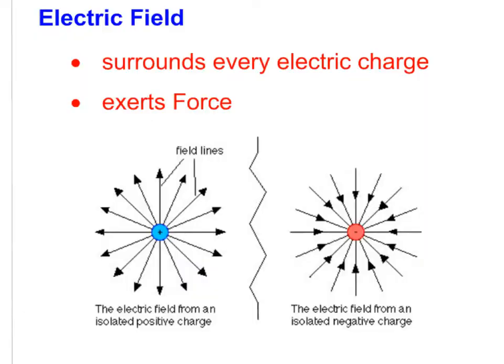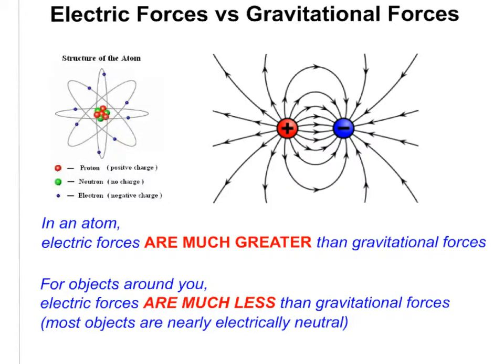because that is the direction that a positive charge would move. So how do electric forces compare with gravitational forces? Well, we're going to look at two different situations here. One, we're going to look at atoms in particular. Here's just a simple structure of a particular atom. When we look at an individual atom, the electric forces in an atom are very, very great, and they're much greater than the gravitational forces for that atom.